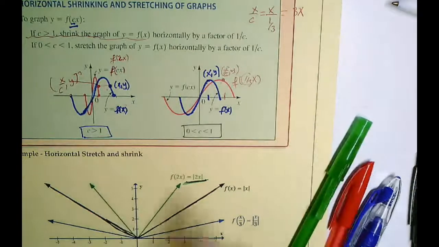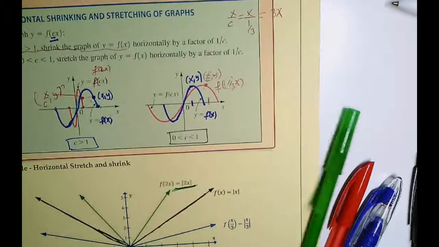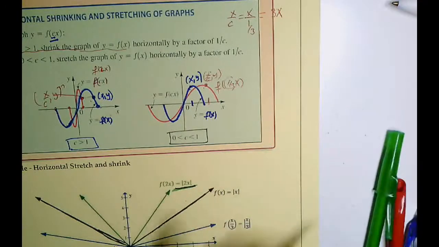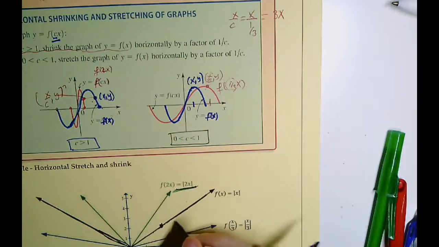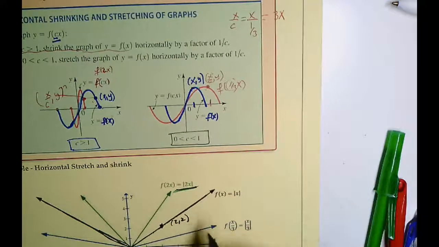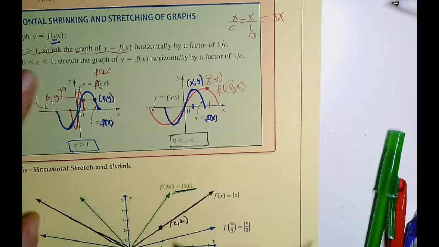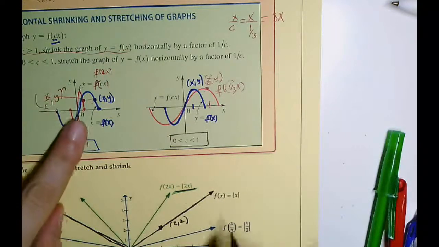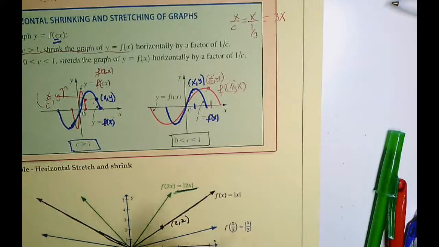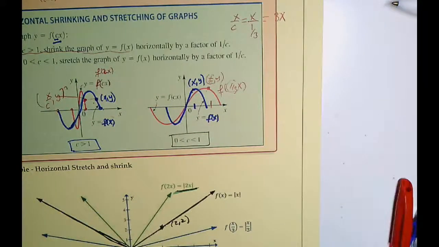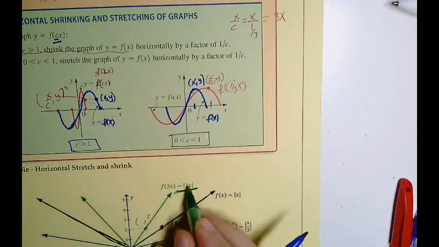So let's take a point. Again, let's take the point 2, 2, for example. The point 2, 2 on the graph of f of x, when I shrink it, the y is going to stay the same, right? The point is going to go right here, the y is the same, and the x was divided by that factor c.